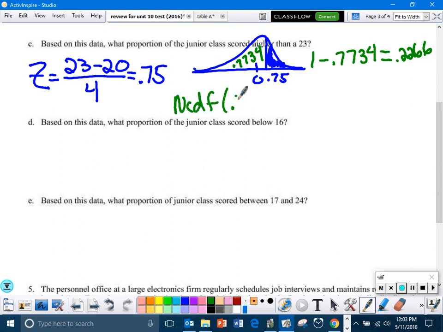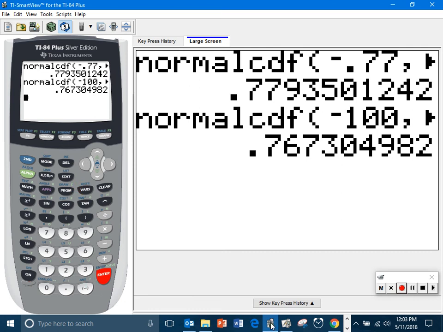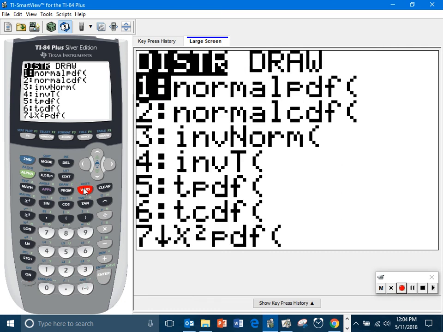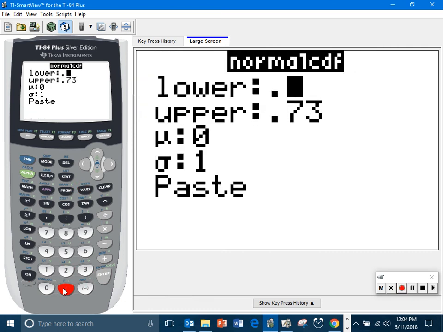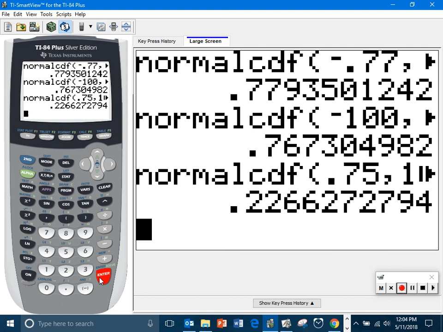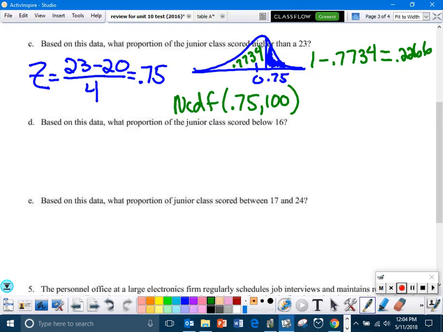If I use the calculator, I will type in my lower bound, comma, my upper bound. Okay, and I get the same thing, 0.2266, which is about 23%.